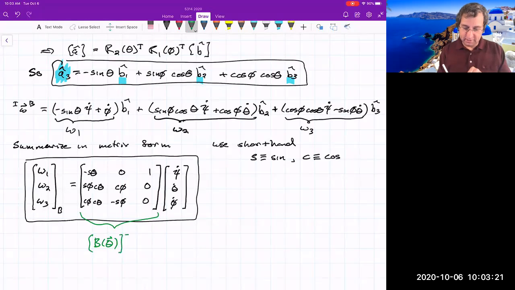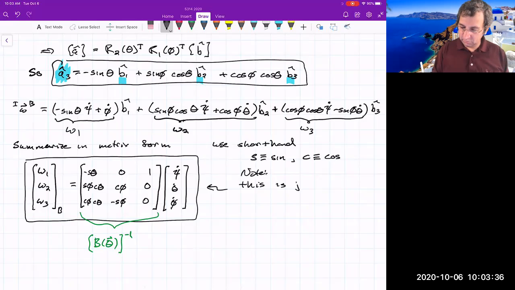And this is, in fact, the inverse of that matrix, just by convention. And so this is, just to remind us, note, this particular form is just for the 3, 2, 1 Euler angle convention.